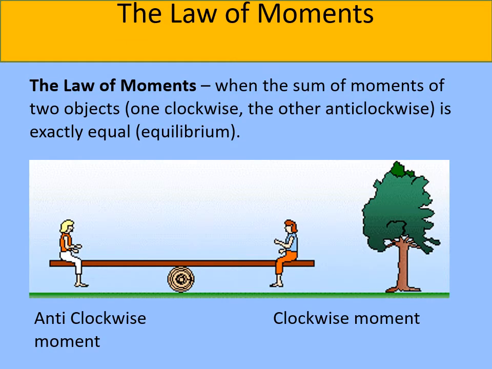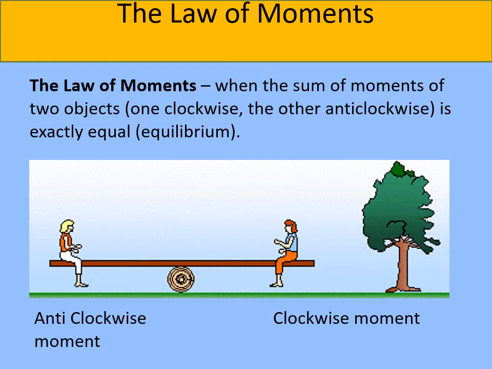We have a law of moments as well, and that law states that the sum of moments in the clockwise direction is equal to the sum of the moments in the anti-clockwise direction. So here we see a seesaw that is balanced and it's not moving one way or the other.